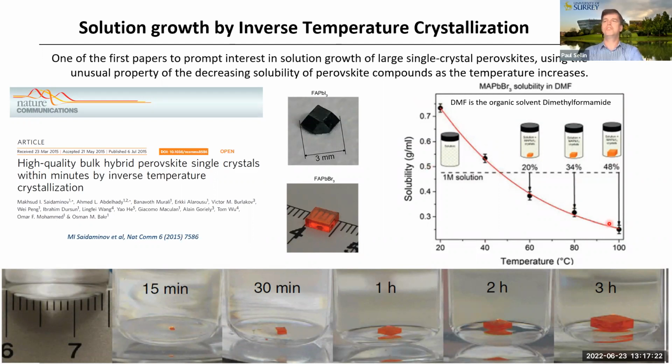And this is counterintuitive, right? We would expect normally solubility of materials in a suitable solvent to increase with temperature. And here we have inverse solubility, where the solubility drops with temperature. So this gives us a nice mechanism to gently ramp up the temperature. And as the temperature goes up, solubility drops and the crystal precipitates out into the solution.